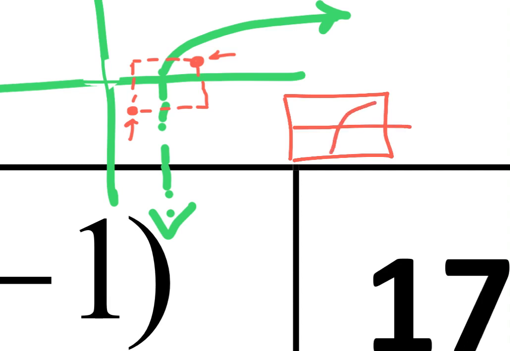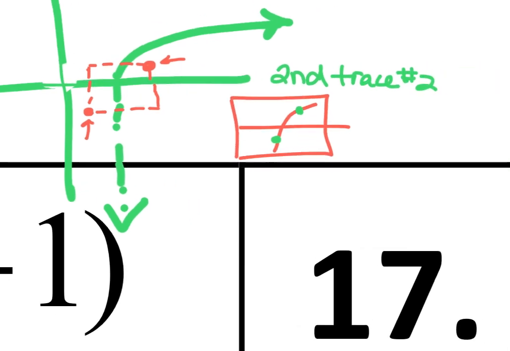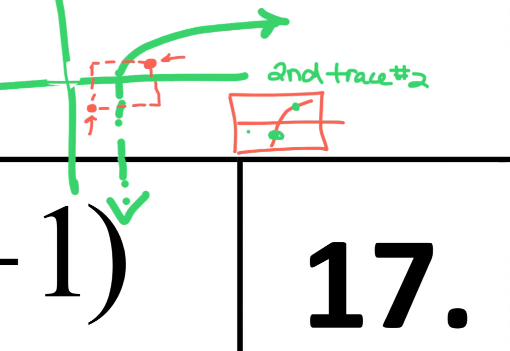Now you can do your left bound, right bound. Press second and then trace, then number 2 for 0, and do left bound and right bound. When it says guess, you press enter.